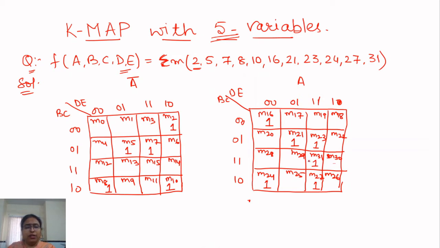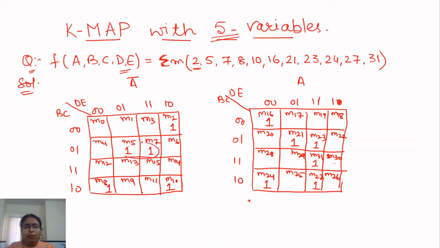Now next is grouping of ones. See, how do we have to group these? We have to see that these two maps are placed above each other, means top and bottom. So when these are placed top and bottom, these two cells M5 and M7 and M21 and M23 come top and bottom to each other.